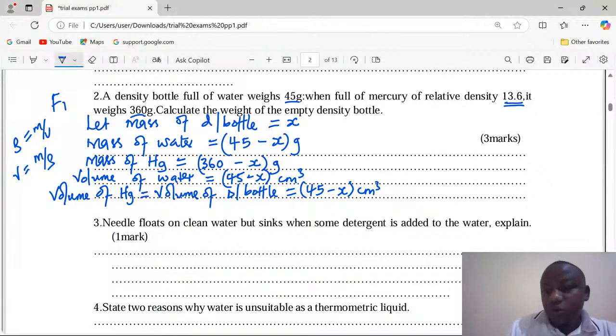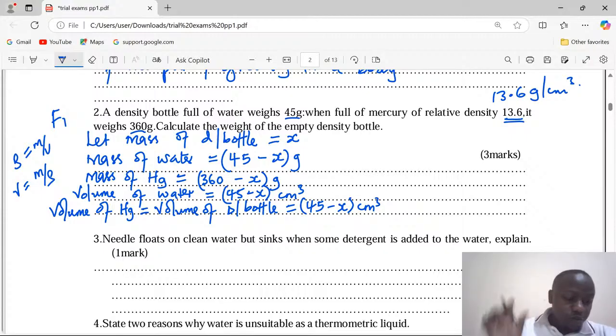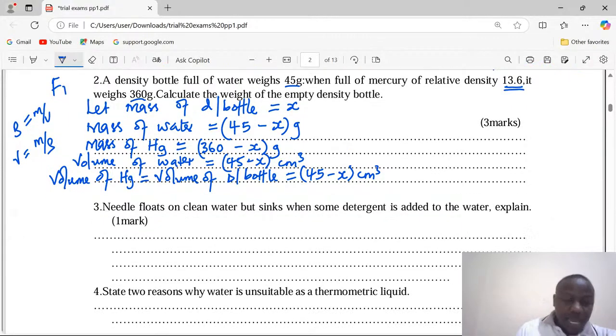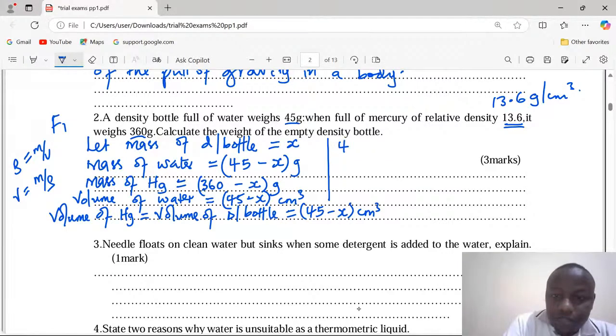If this is the density with respect to the density of water, then the actual density of mercury is 13.6 grams per cubic centimeter, because with respect to the density of water, we're getting 13.6. And at this point, we can go the mathematics way and say that the volume for the mercury, which is 45 minus x, is given by mass over density.